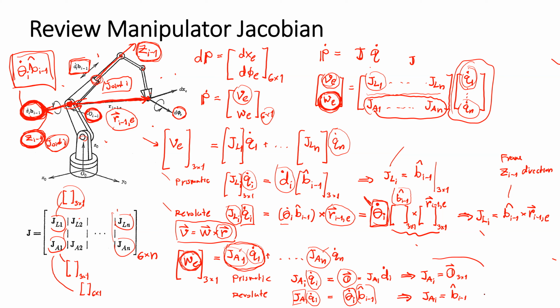So we have this for the angular Jacobian for revolute and prismatic.